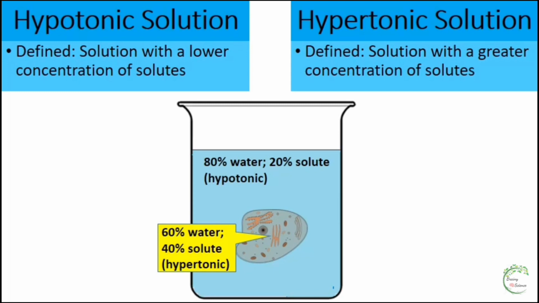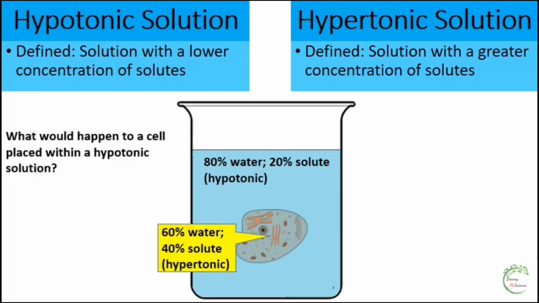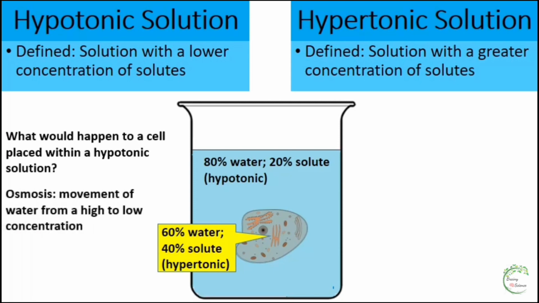So now that I've labeled the solution outside of the cell as hypotonic and the solution inside of the cell as hypertonic, I want to ask you, what would happen to a cell that is placed in a hypotonic solution? This cell right here is placed in a hypotonic solution. Well, we remind ourselves the definition of osmosis.